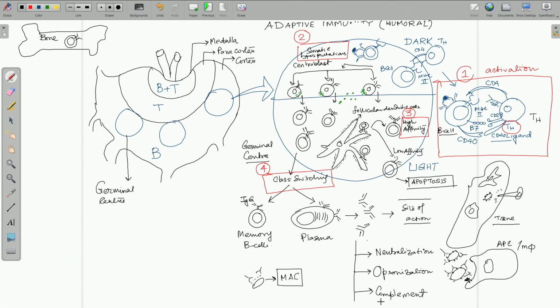Neutralization: directly neutralizing the pathogen by binding to it. Opsonization: they assist the macrophages or the antigen presenting cells to engulf the pathogen. And they can also activate the complement system, leading to a cascade of events. We will study the complement system in more detail in our upcoming lectures.